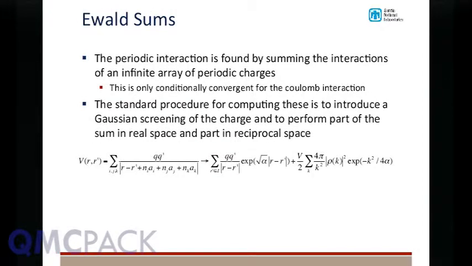This is the interaction you're looking at: the interaction of two charges, one at R, one at R prime, and then all the periodic copies along my primitive translation vectors. Then I go to something that's a screened version in real space that will decay quickly because I've got this exponential here, since it's a Gaussian profile. And then I've got something in Fourier space that will also decay quickly. So I can sum both of these things.